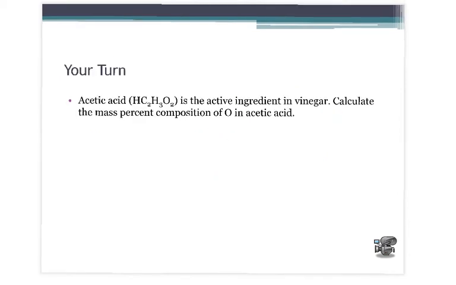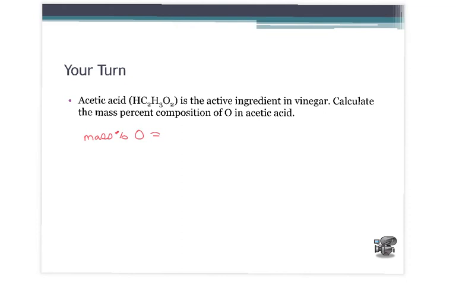Okay, go ahead and give this a try. Acetic acid, and I give you the formula for that, but you should know that from our nomenclature. It's the active ingredient in vinegar. Let's calculate the mass percent composition of oxygen in acetic acid. So we have the mass percent of oxygen this time.